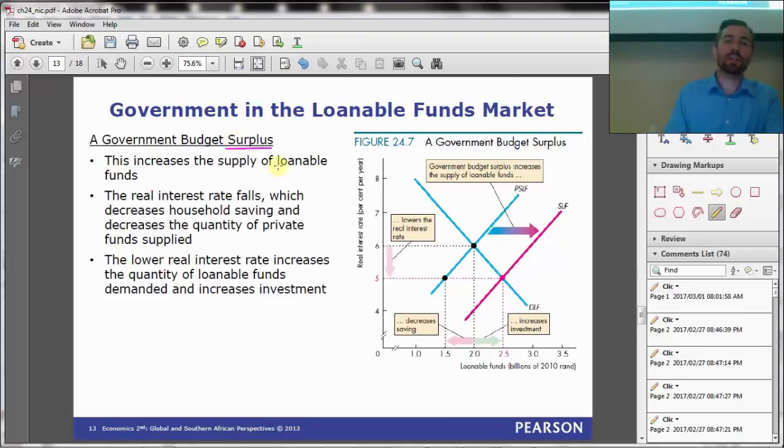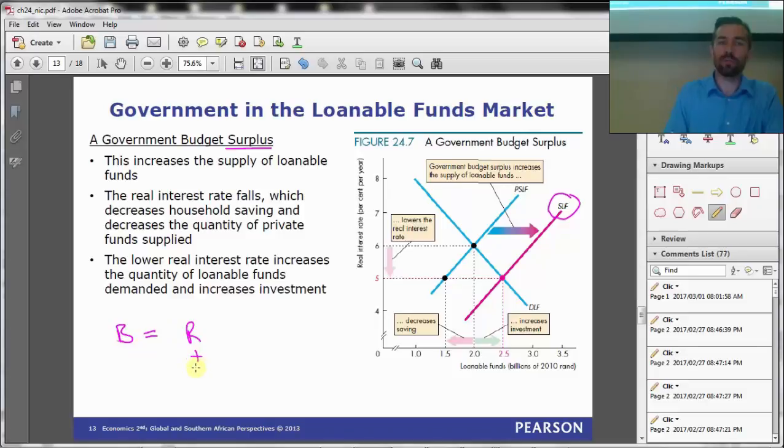The reasoning behind what they're discussing is obviously when we're talking about supply of loanable funds, this is funds that people are willing to lend. The idea of a surplus being on the supply side is because the government budget, in other words the spending, the budget is made up of revenues, right?